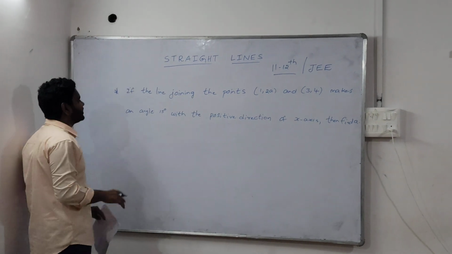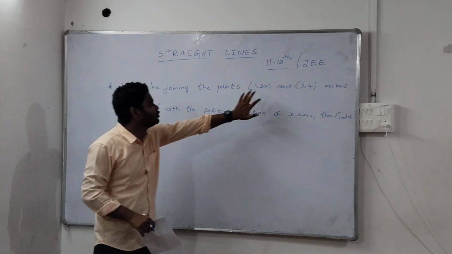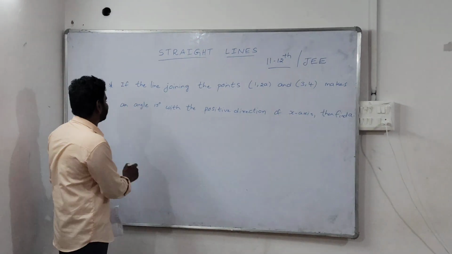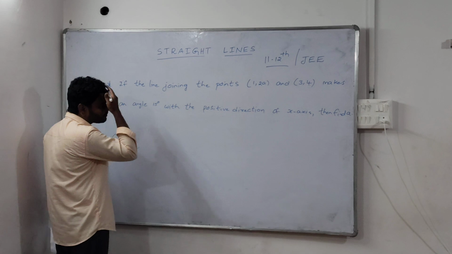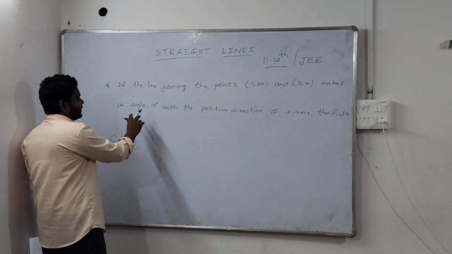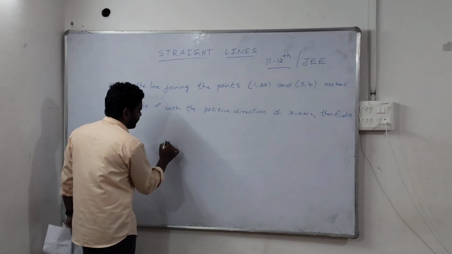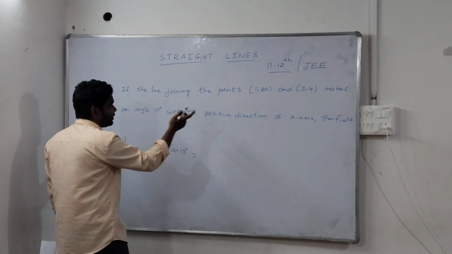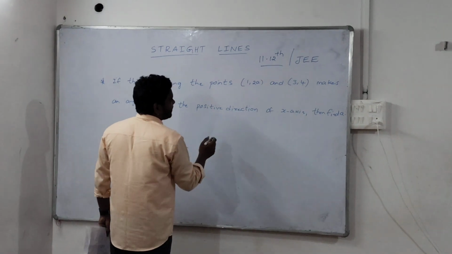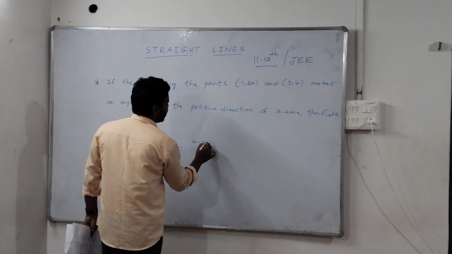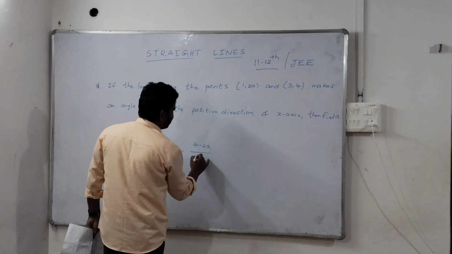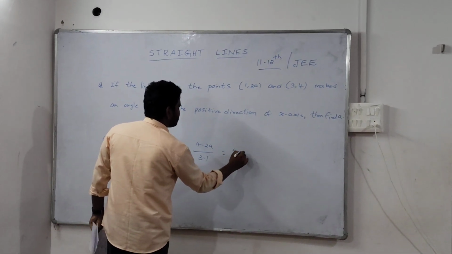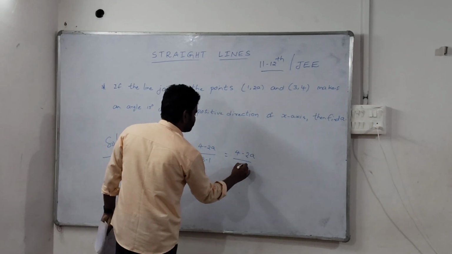What is asked in the question? A line joining these two points makes an angle of 15 degrees with the positive direction of the x-axis. How to solve this and find a? The angle is given, so the slope is given. Tan 15 degrees should be equal to this slope, the two-point form: 4 minus 2a by 3 minus 1, which comes out to be 4 minus 2a by 2.